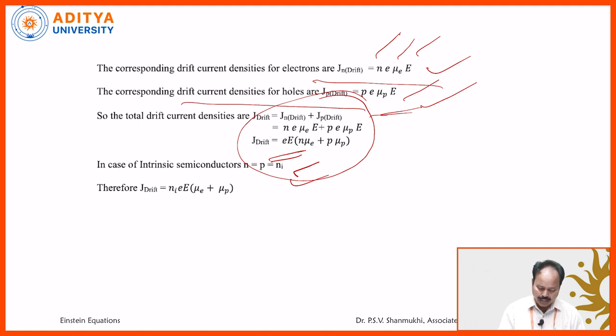That is why we can write J drift is equal to Ni e E into mu e plus mu h. This is the expression for the total drift current density due to electrons and holes. So simply, drift current density Jd is the current density in the presence of an applied electric field.